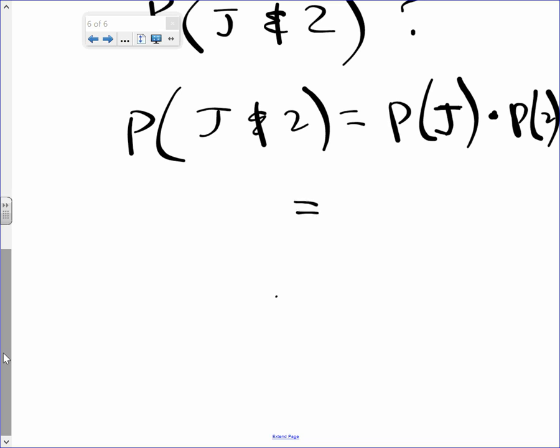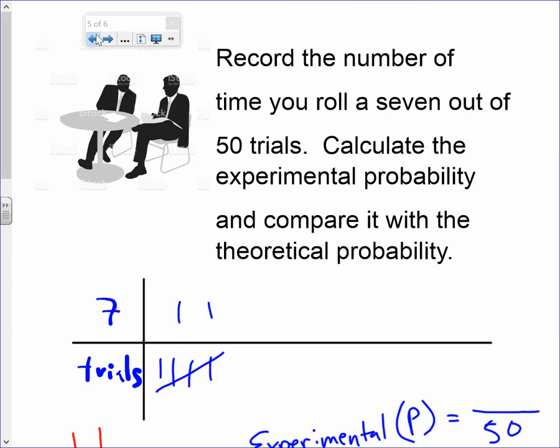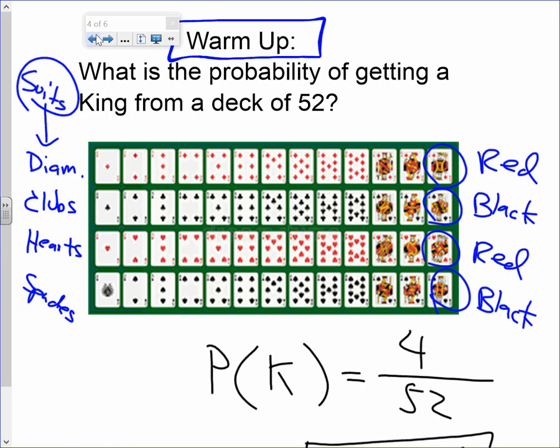So, the probability of getting a jack. How many jacks in the deck? There's 4, one in each suit: jack of diamonds, spades, hearts, clubs.